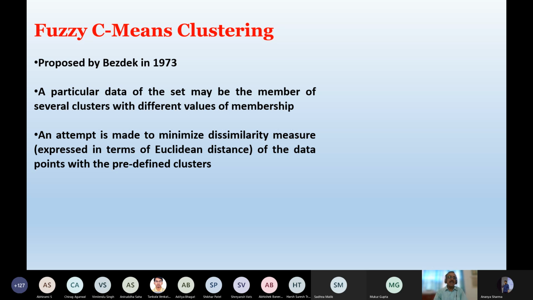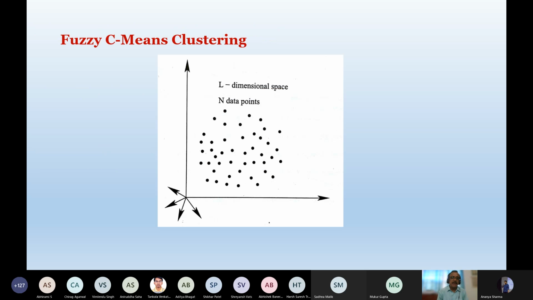Now, mathematically, how to represent that particular problem, that I'm going to discuss. Before that, let me take one hypothetical example that there are capital N data points and each data point is having L dimensions.